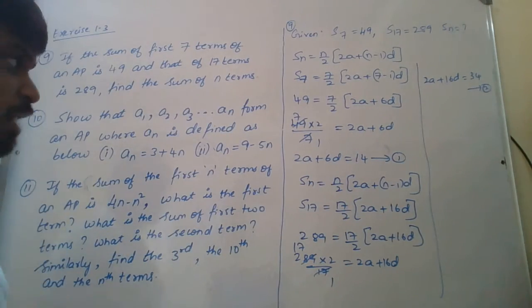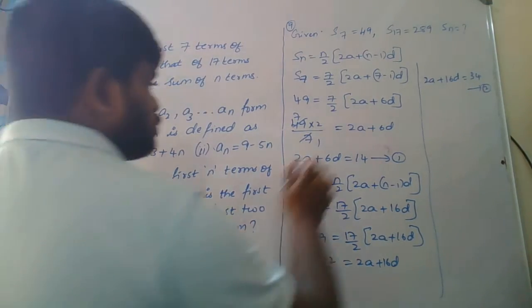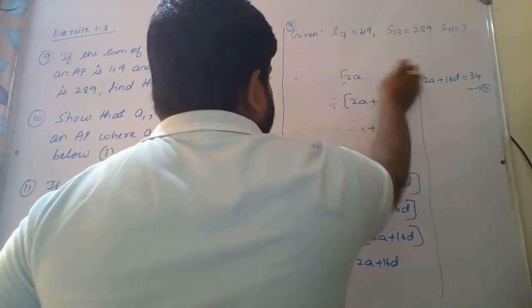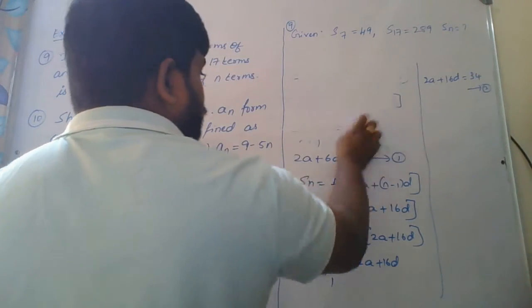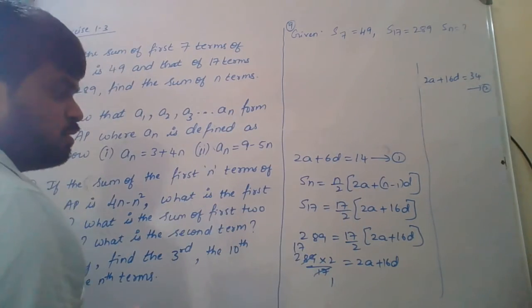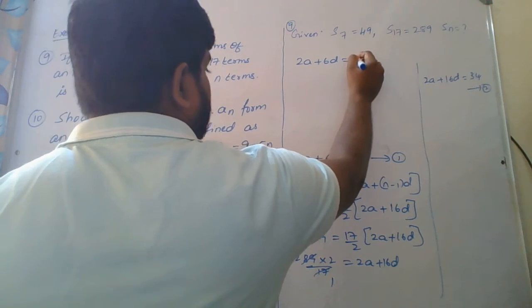Let's solve it by elimination method. So the first equation is 2a plus 6d is equal to 14.